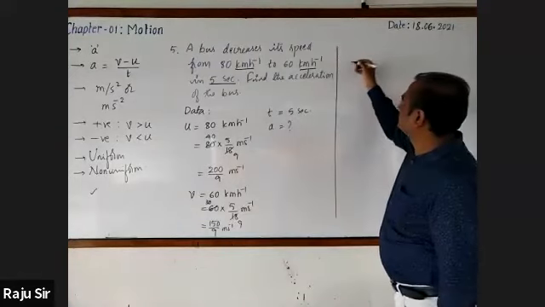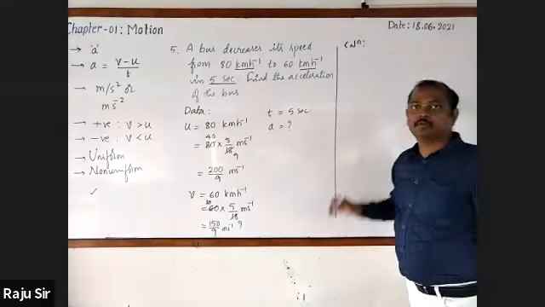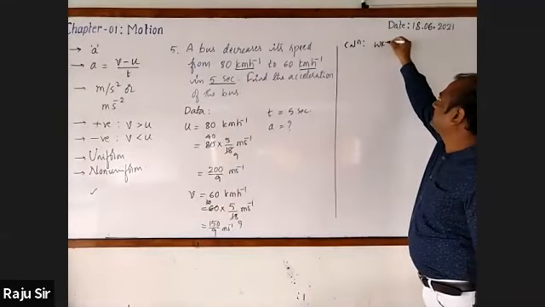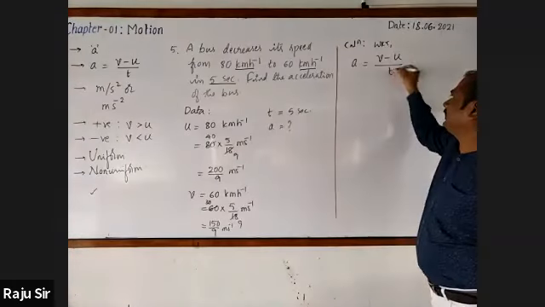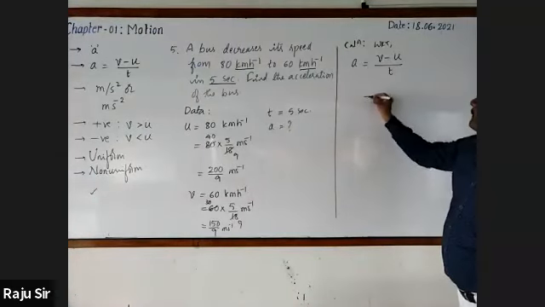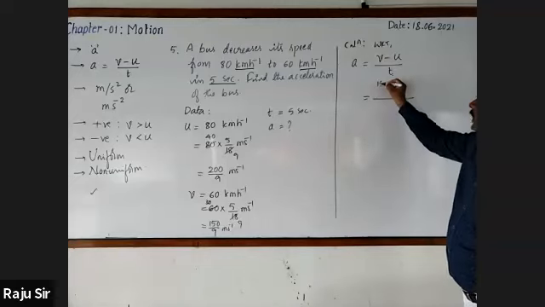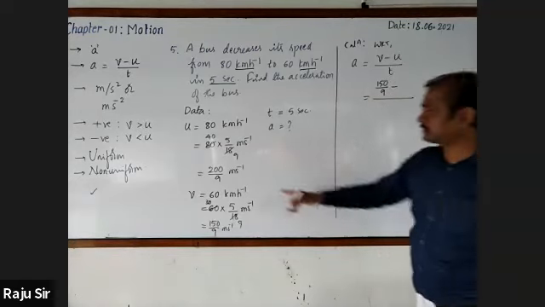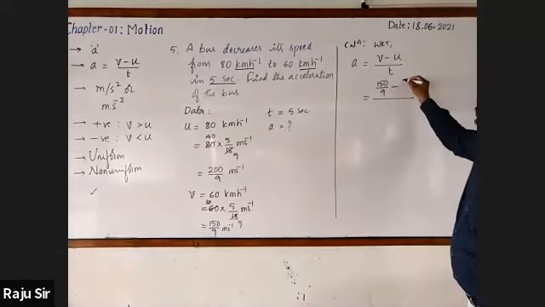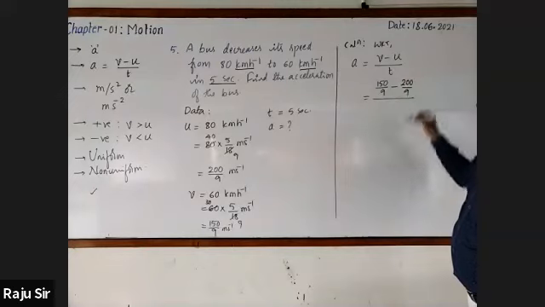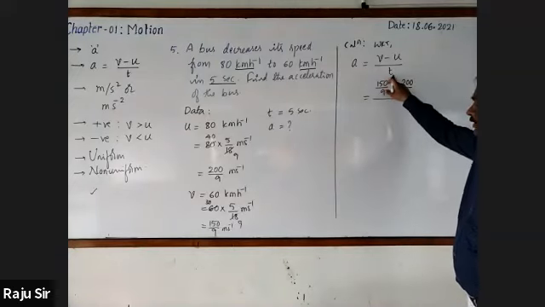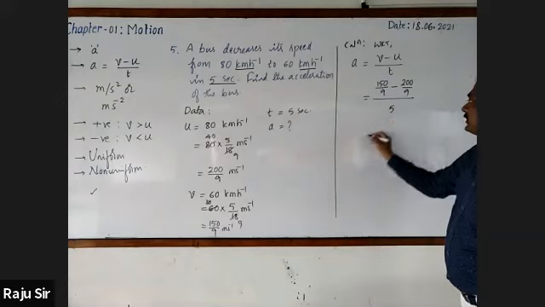A is equal to question mark. Calculation. You all know that acceleration is v minus u by t, where v is the final velocity, it is 150 by 9, minus initial velocity, this is 200 by 9, whole divided by time, this is 5 seconds.